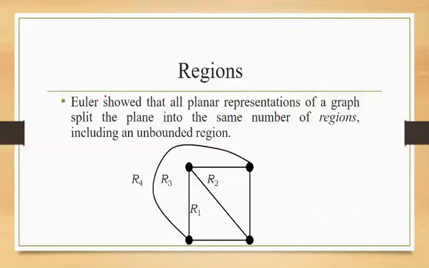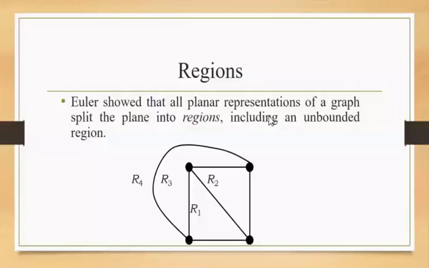So if you remember Leonhard Euler, he gave the Euler path and Euler circuits for our Königsberg problem. Here also, Euler showed that all planar representations of a graph split the plane into the same number of regions, including an unbounded region.